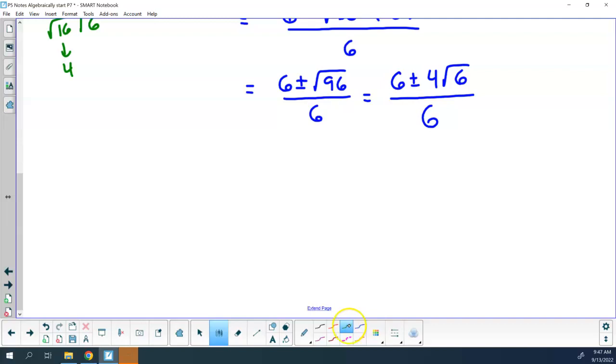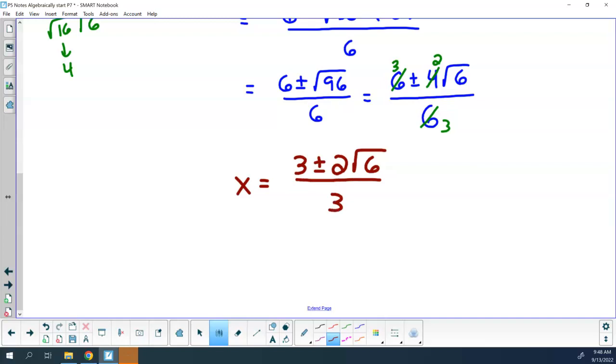So this one, and that one, right? So this would become 3, this would become 2, and that would become 3. Okay? So my final answer then is x is equal to 3 plus or minus 2 square root of 6, all over 4.